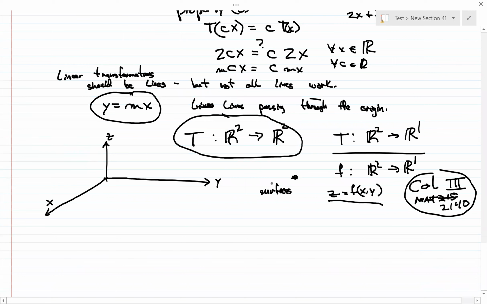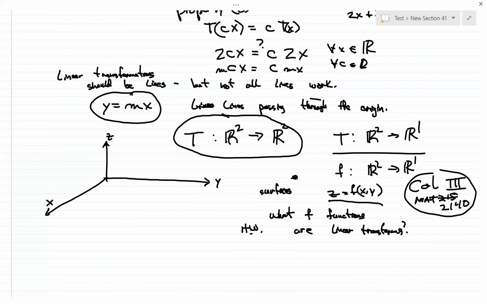Okay. And now here's a homework problem. What functions like this are linear transformations? What f functions are linear transformations? Homework. So we have a couple homework problems so far.